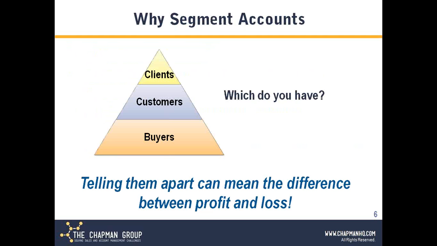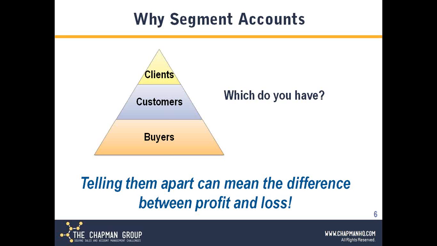So the first question on the table is, why do we really want to segment accounts? Well, a few years ago, I wrote and published an article in CRM Magazine called "Clients, Customers, Buyers, Which Do You Have?" The essence of this was that, based on some critical factors and information, we could take our account portfolio and break it into three types of relationships.